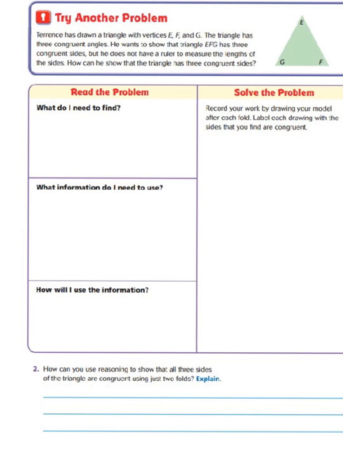So, what is it we need to find? Well, we need to determine whether sides EF, FG, and GE have the same length.